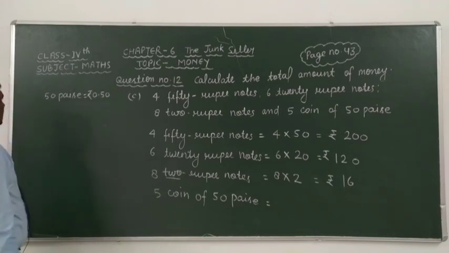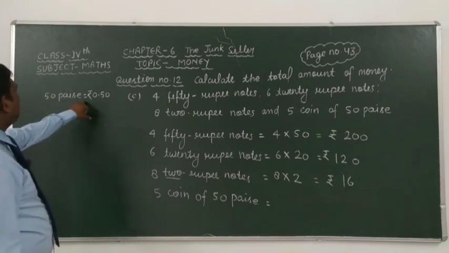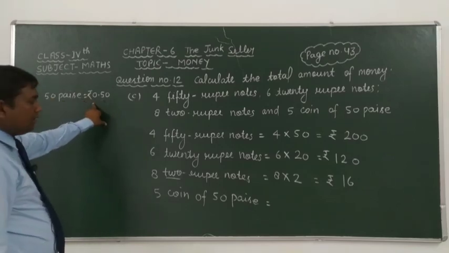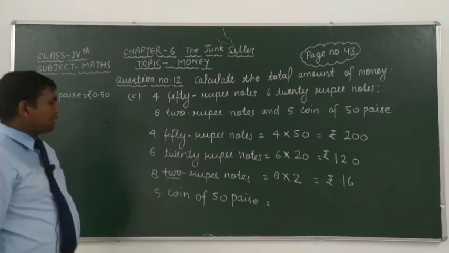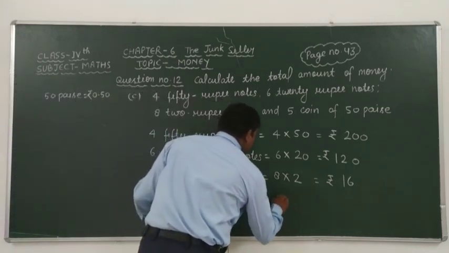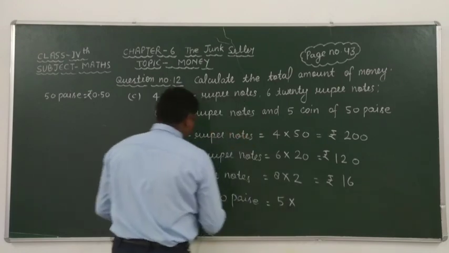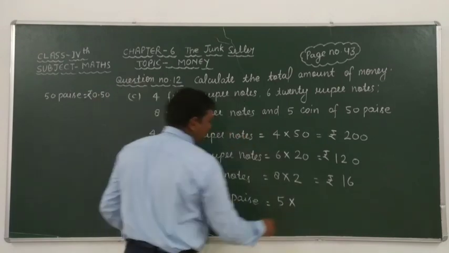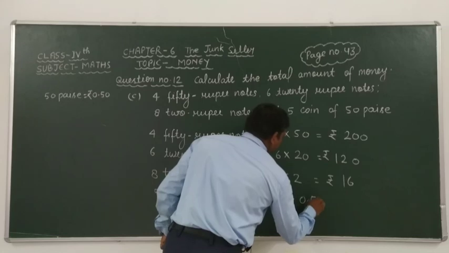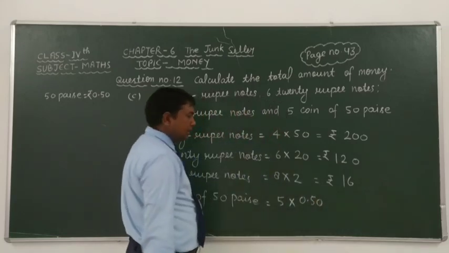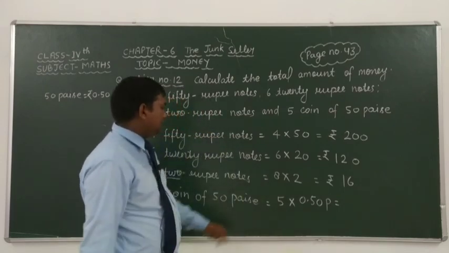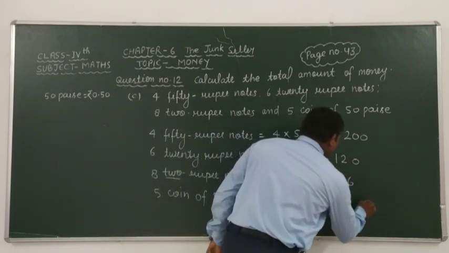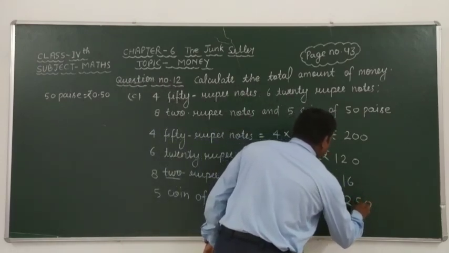It means that in this question we have to take the multiplication of 5 into 0.50. Okay, after multiplying these we get 5 times 0 is 0, 5 times 5 is 25.